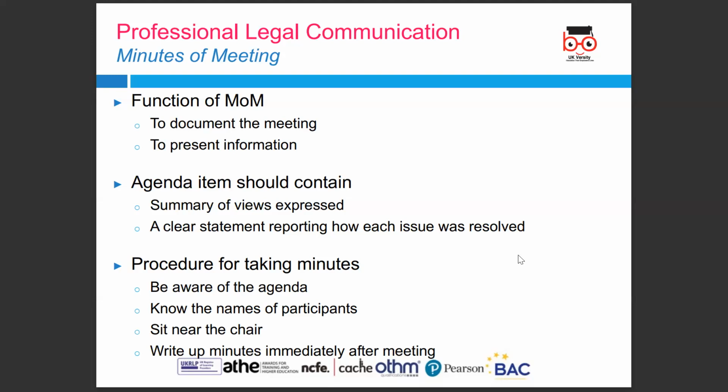Procedure for taking minutes: be aware of the agenda, know the names of the participants, sit near the chair and write up minutes immediately after the meeting.